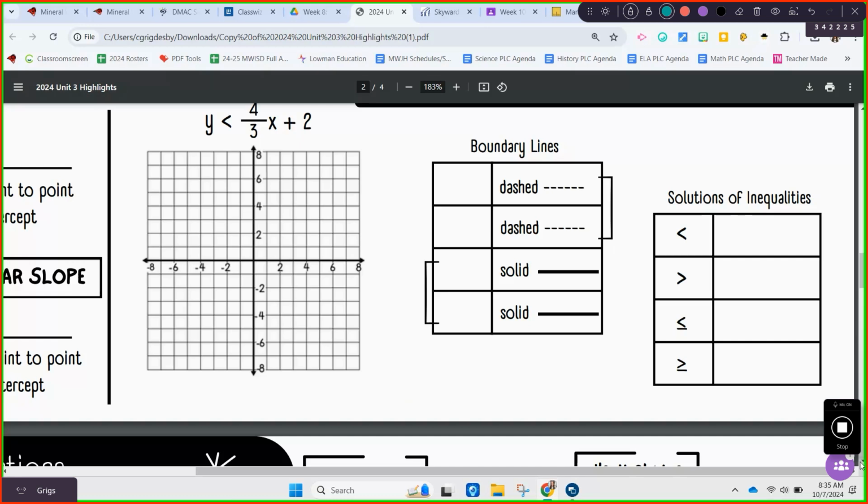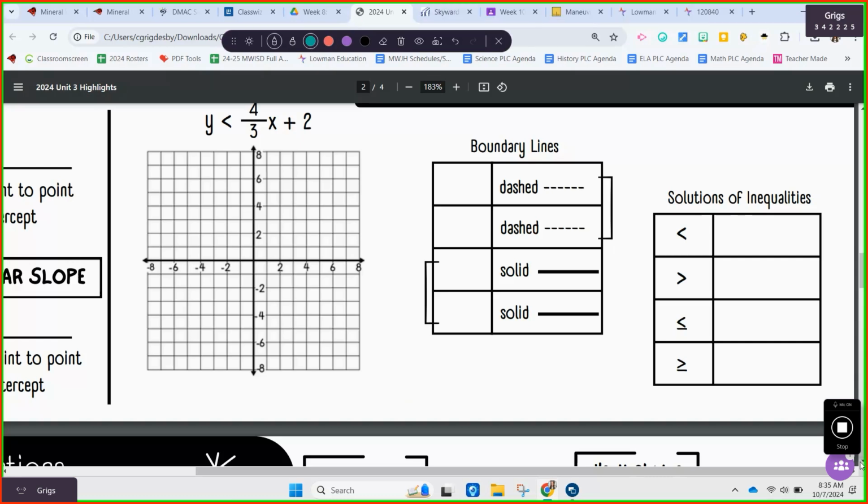Alright, so there's a way that we can check to see if we've shaded correctly. Maybe we got messed up, I don't know. So, the way to check, we're going to write it under here, really wherever you have room. We check with 0, 0. So we're going to take y is less than 4/3 x plus 2, and we're going to plug in.